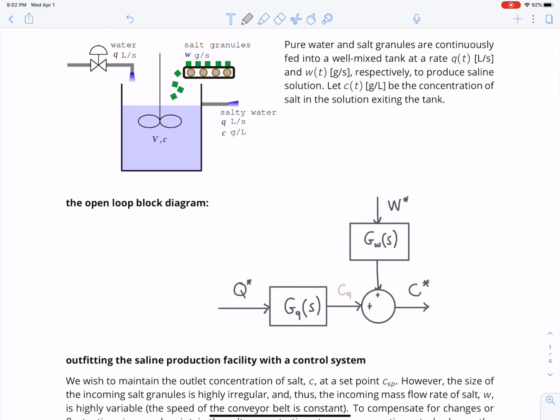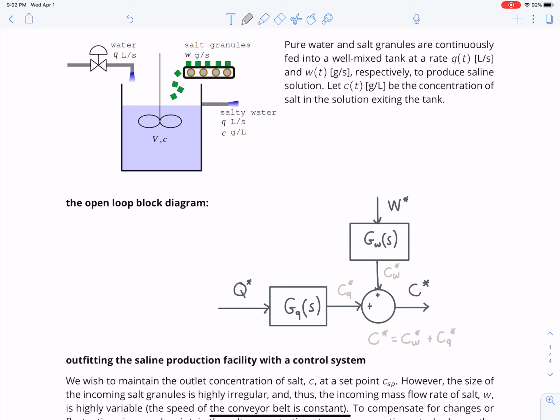So I'll decorate this with Q. This is the contribution to C by Q, and this is the contribution to C by W. So we can see C star equals CW star plus CQ star.